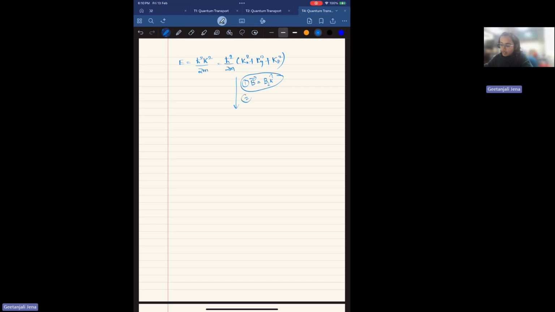And the second thing we assume is that the electrons flowing through this 2D material undergo cyclotron motion without undergoing any collision. That means no scattering event occurs whenever the electron is undergoing a cyclotron motion.